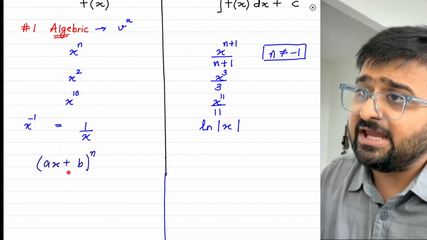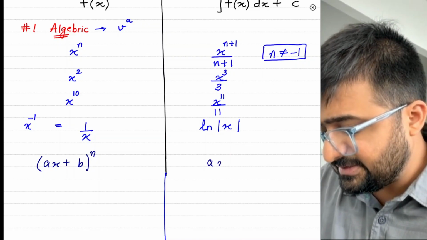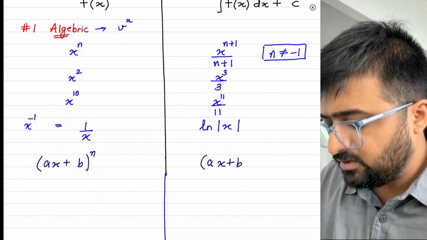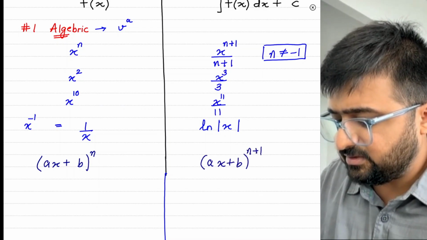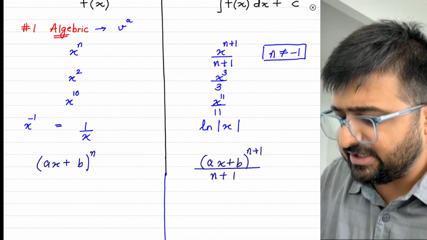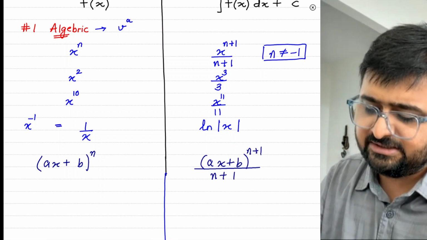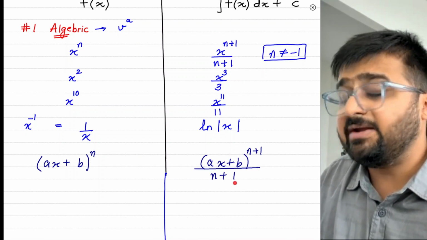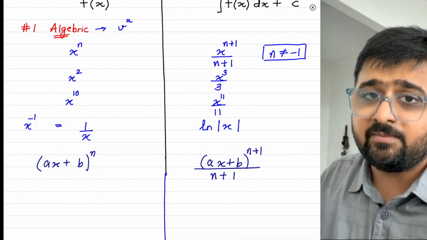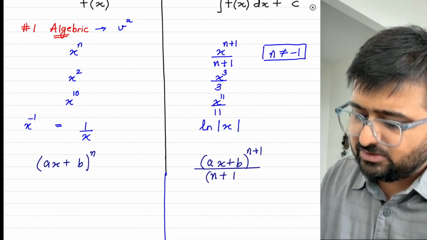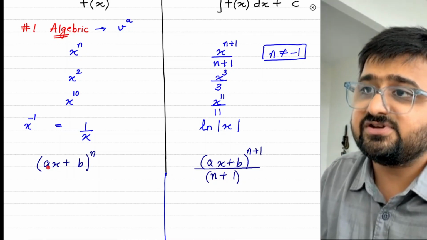So the integral of ax plus b to the power n is ax plus b to the power n plus 1 divided by n plus 1. So you can essentially apply the same formula. You increase the power by 1, divide by the same power, but remember that after integrating, you have to divide by the coefficient of x.